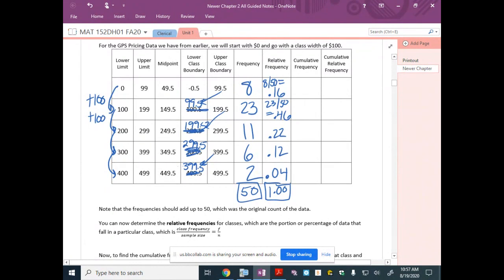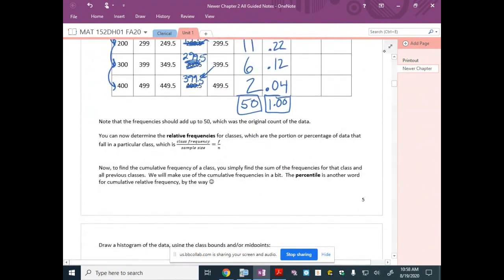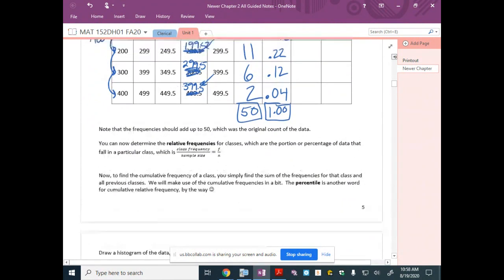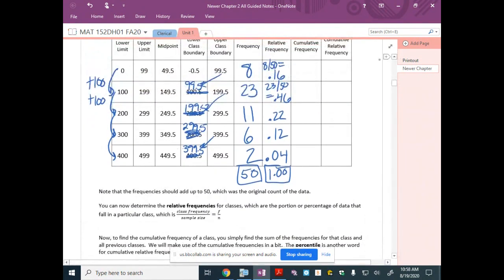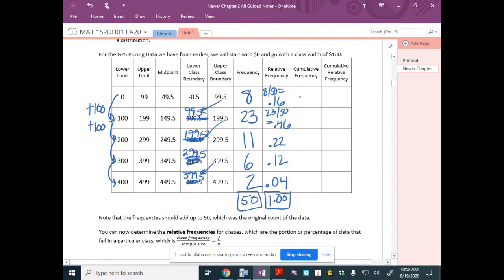Now, cumulative frequency is where it's going to get a little more fun. We find the sum of the frequencies for that class and all previous classes. So the cumulative frequency for this first group is going to be 8.